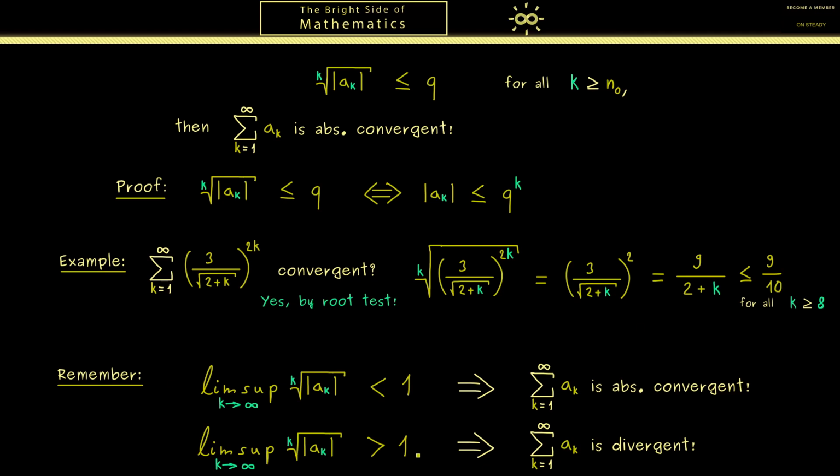And please also remember, if it happens that you get out 1 for the lim sup, we are not able to say what happens for the series. Indeed, 3 cases are possible then. The first case would be the series is divergent, and the second case would be it's absolutely convergent. And the third case would be it's neither of them, it's just convergent.